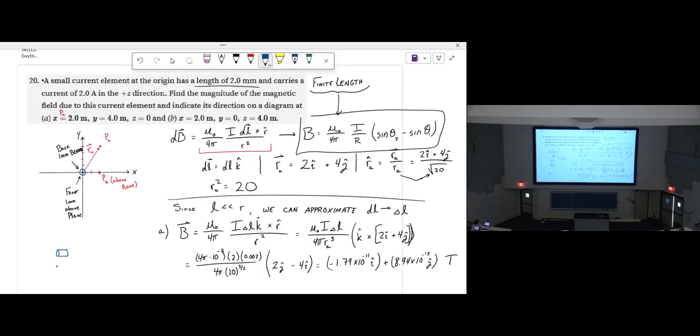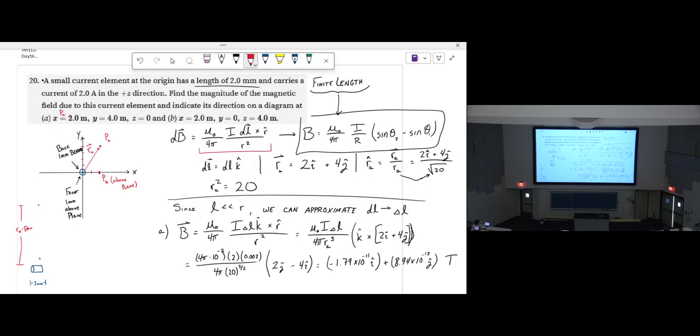Imagine that this is only 2 millimeters. And up here, somewhere well above it, I'm looking at this point right here, which is a distance r sub a equals square root of 20 meters away. This distance right here.